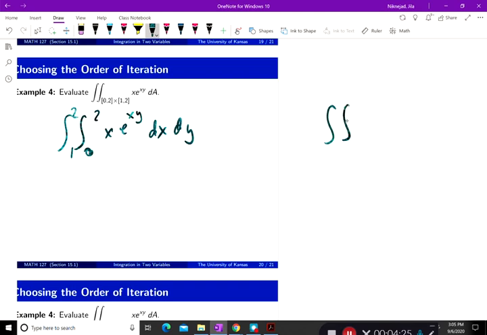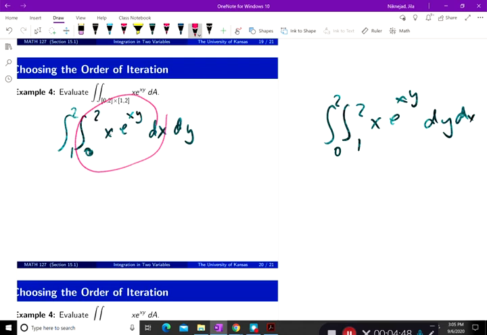And then the other way is y from 1 to 2, x from 0 to 2, of x e to the power xy dy dx.